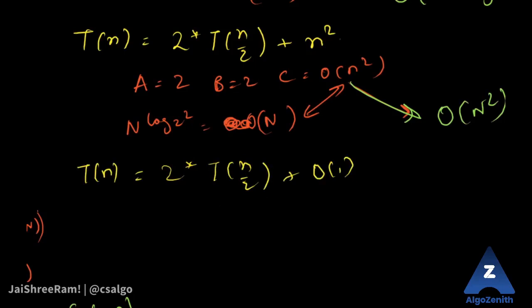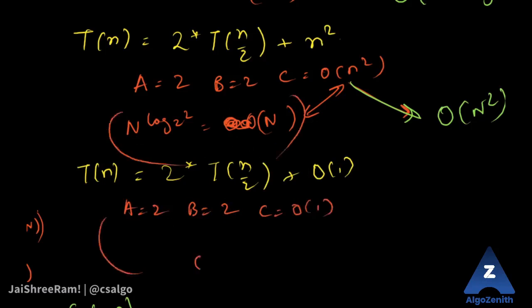In that case, what you need to do is just again note down a equal to 2, b equal to 2, c equal to order 1, and from this side this will repeat, so you get order n, and this is order 1, so your answer is order n. This is your final answer.